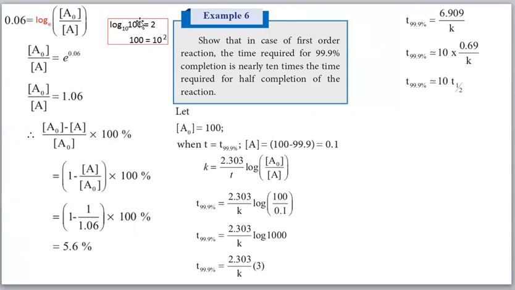This 100 we can write here. The base number, 10, stays as the base here, and the 2 is the index. So we will get 10 to the power 2, 10 square.